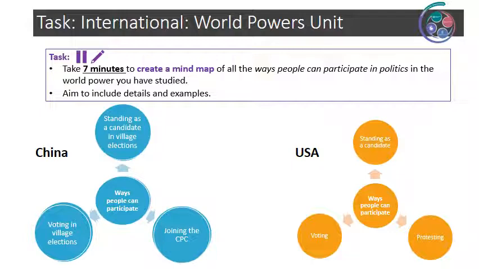If we have studied the USA as a world power, we may have talked about standing as a candidate and given examples of Donald Trump and Joe Biden, perhaps, or the other roles that people can stand as a candidate for. We may have taken notes on voting or protesting. If you have not studied world powers, you may continue to take notes on issues relating to international issues such as terrorism at this point.